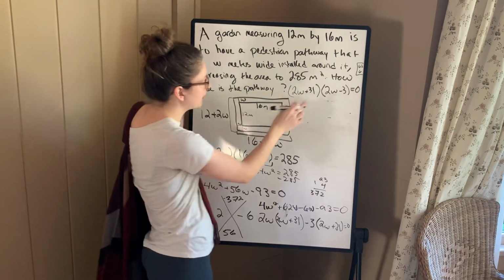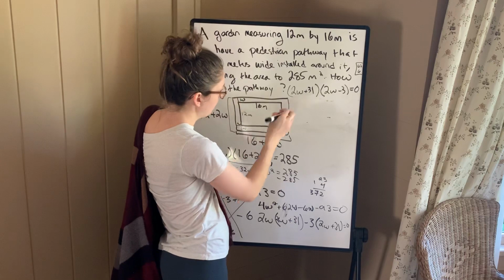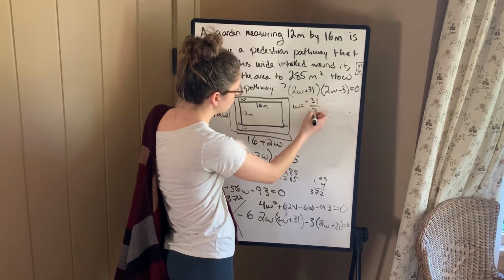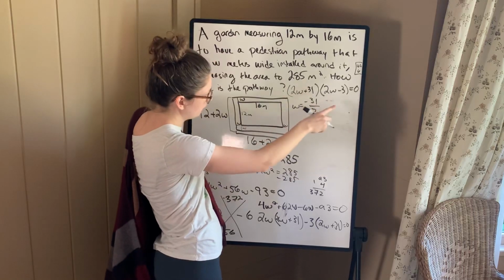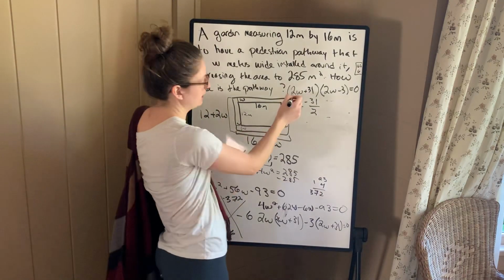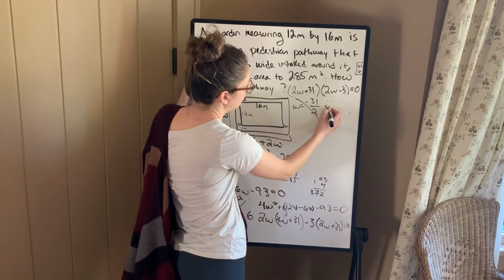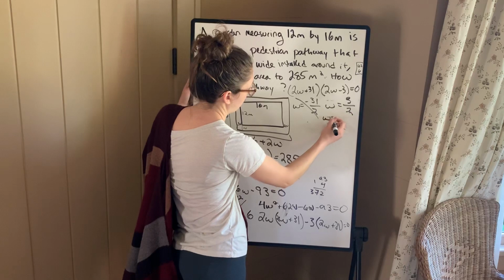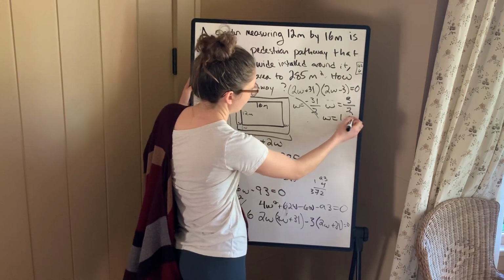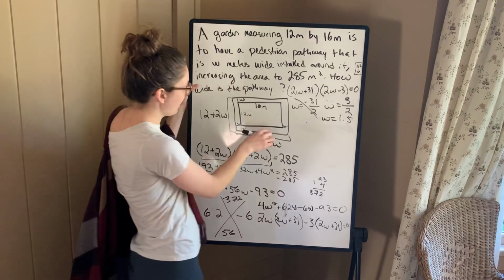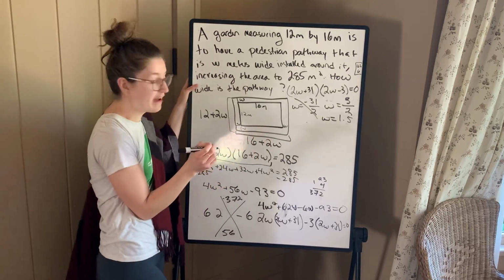If we use zero product property on this one, we're going to get w equals negative 31 over 2. I just subtracted the 31 divided by 2. Width cannot be negative, so that one's not going to be our answer. And for this one, we got positive 3 over 2, or positive 1.5. That's much more likely that our width is 1.5 meters.